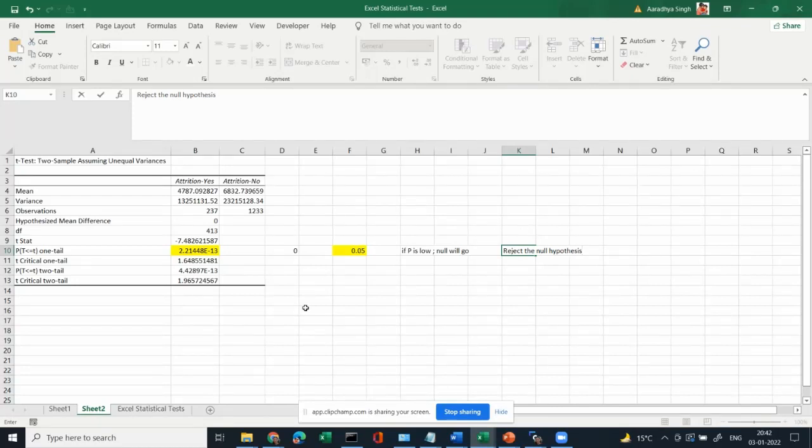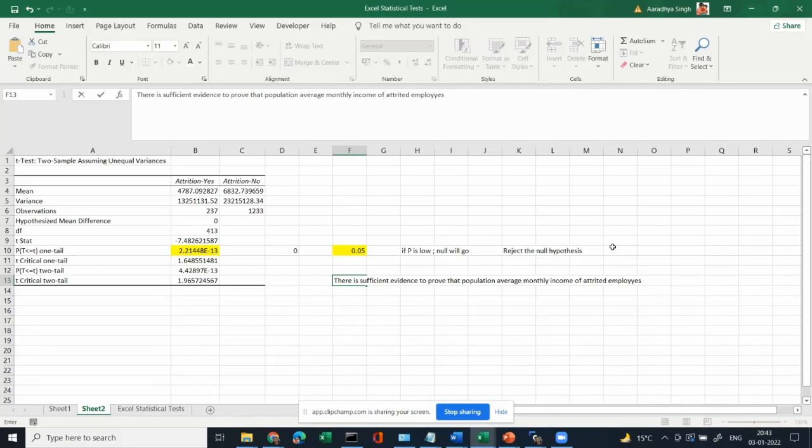So what we can really recommend to the management is that there is sufficient evidence to prove that the population average monthly income of attrited employees is not equal or differs from that of non-attrited or existing employees.